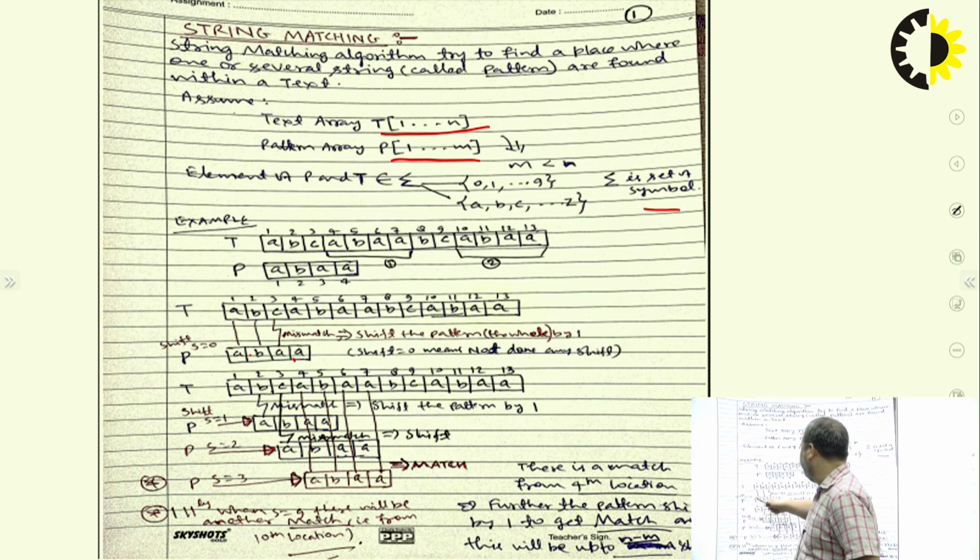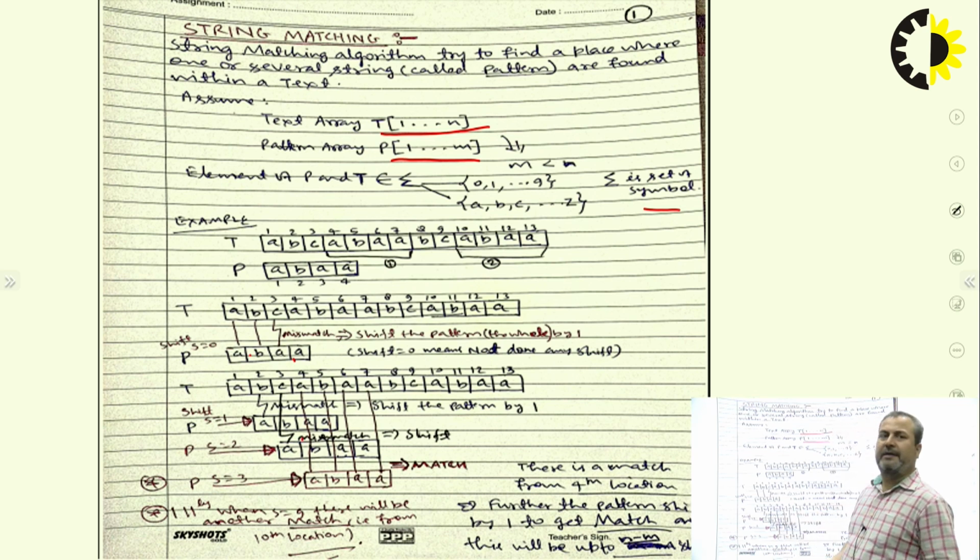This is the shift equal to 0, where we just started. If we shift the whole pattern ABAA and start matching, the first character of the pattern A mismatches, so again we shift, and S becomes 2. Here the first character is A while in the text it is C, so there is a mismatch.